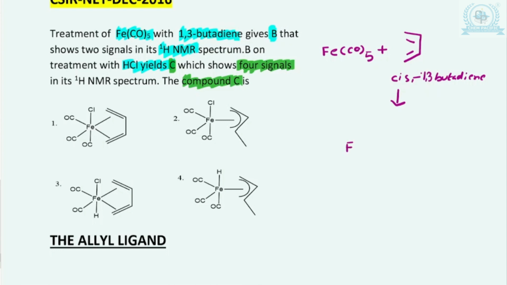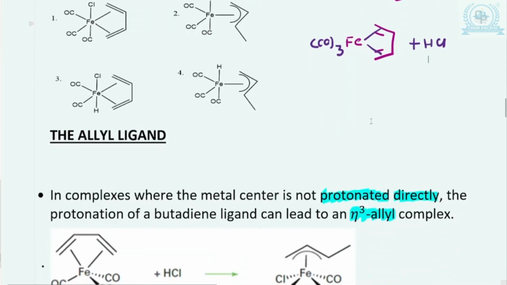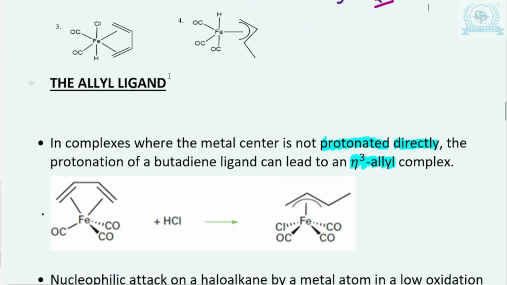ठीक है. Now since we know that one double bond is actually a 2-electron donor, it will get coordinated, and this will result in the elimination of 2 CO ligands. ठीक है. Now ये तो आप सबको पता है. Now when this reacts with HCl, it actually results in the protonation of the allylic complex, not the metal. ठीक है.